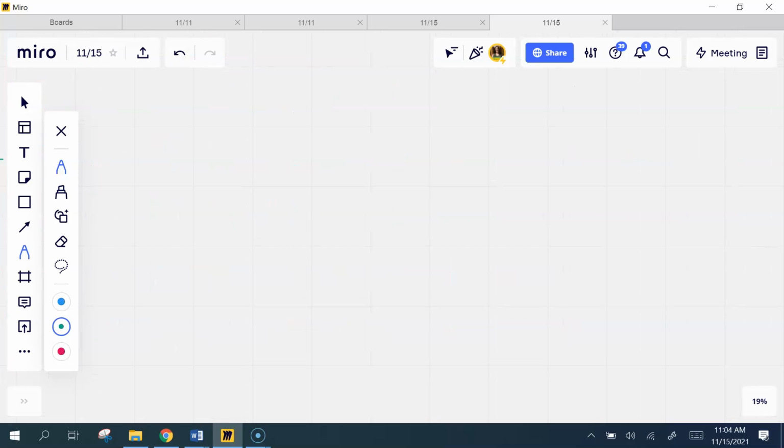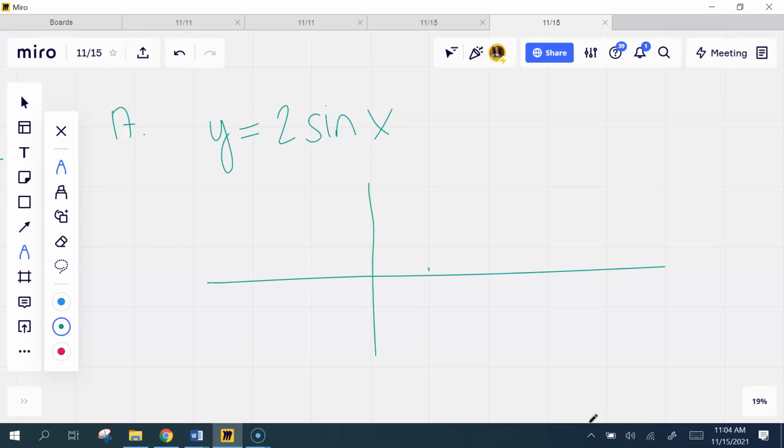Let's do number 17 together. Now we're going to graph. The directions say to graph one period of the function. Use your understanding of transformations, not your grapher. Be sure to show the scale on both. So what I'm going to do is I'm just going to start here with my parent graph. Always have the same units.